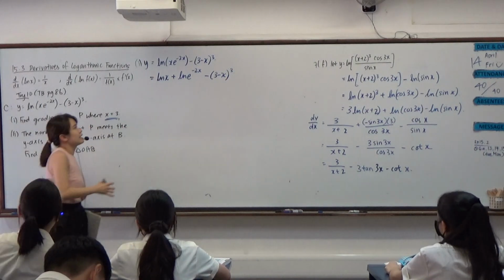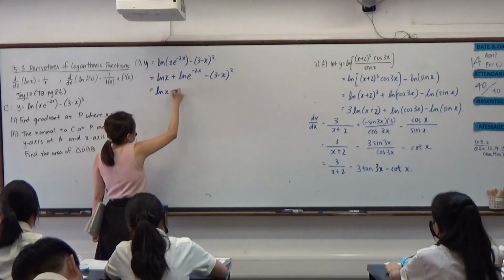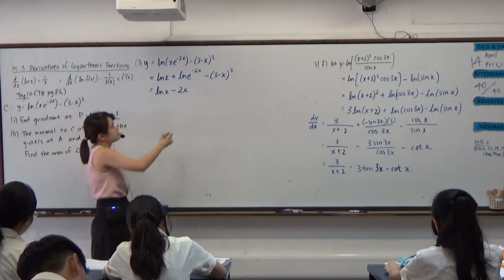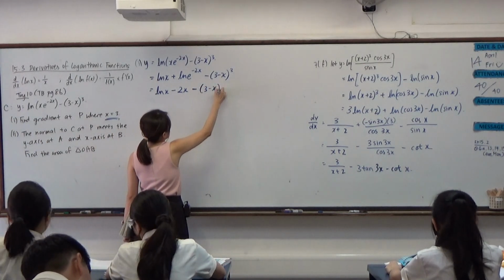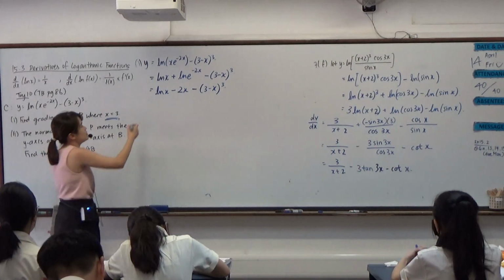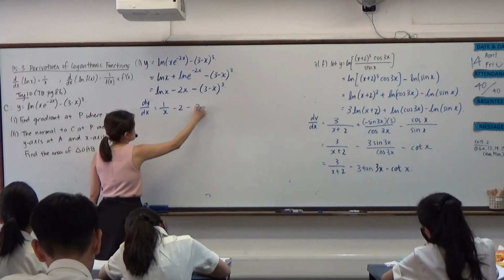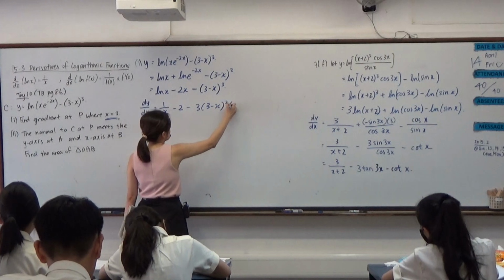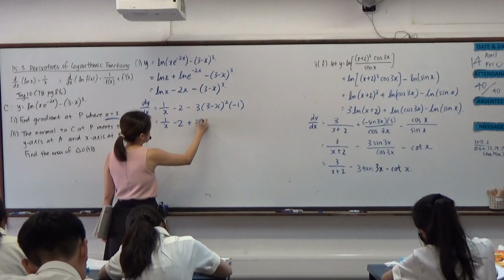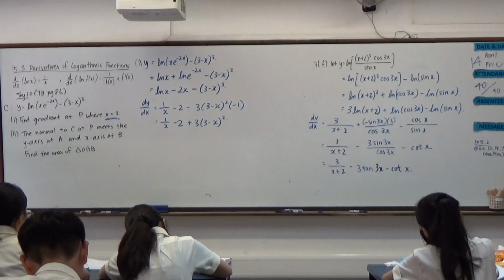Then with the ln e, you can break down the power. That will give us minus 2x, and ln e itself is 1. Arriving at this will be easier for us to differentiate.